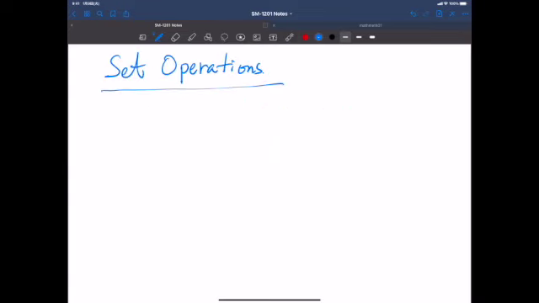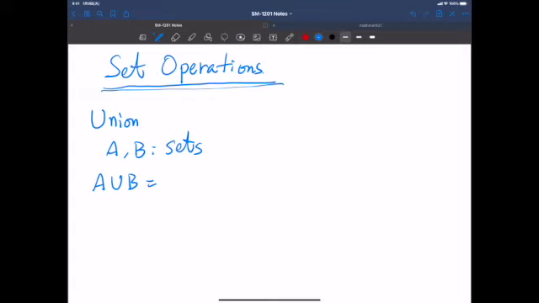Now that we know some of the well-known concrete sets, let's go back to the general properties of sets, and we introduce some set operations. The first of them is called union. Let's say A and B are sets. Then the union of A and B is written as this and defined as this.